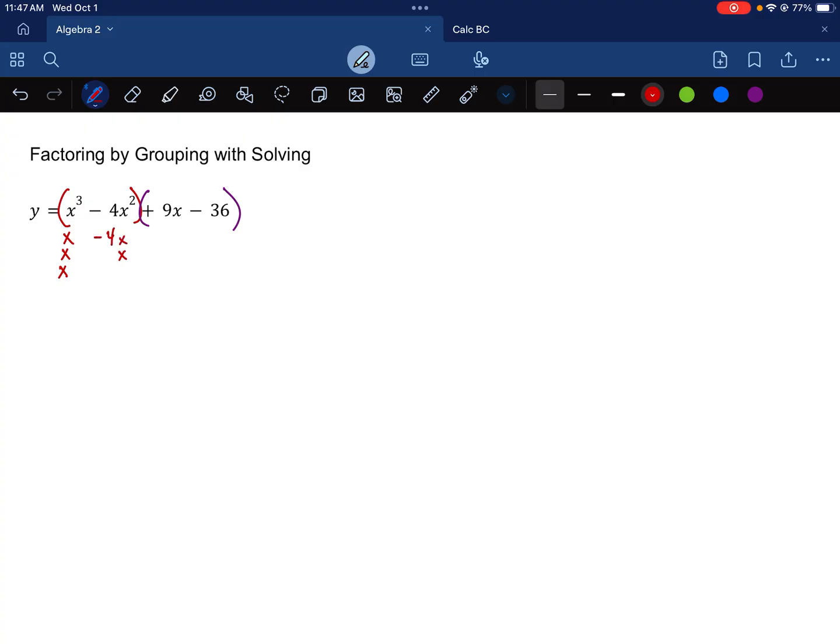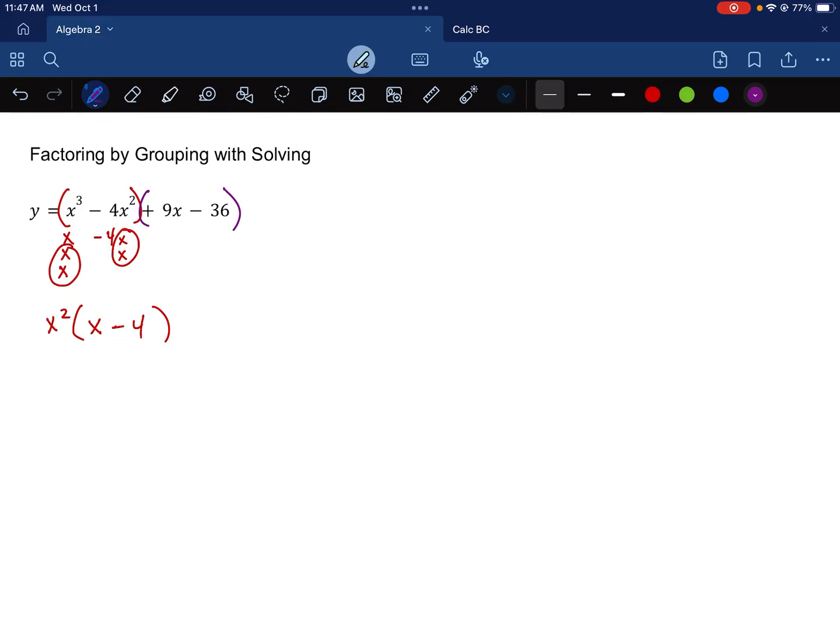So both terms have an x to the power of 2 in common. So let's take out an x squared. When we do that, when we take out our x squared from both terms, the first term we have an x left, the second term we have a minus 4 left.